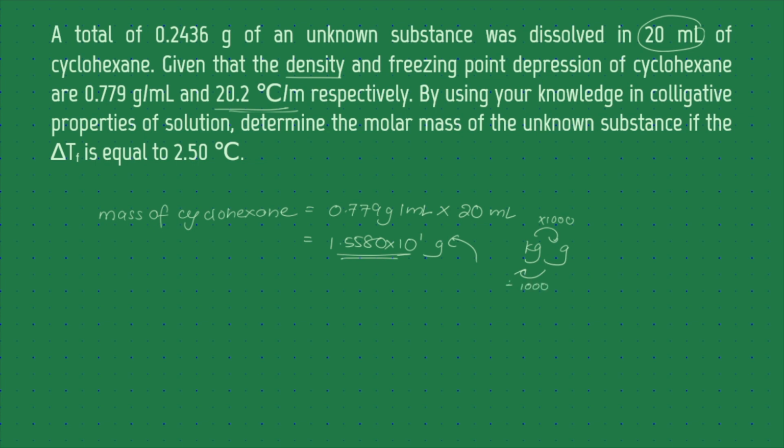Gram to kilogram, you need to divide by 1000. So we will get the conversion to kilogram is equivalent to 1.5580 times 10 to the power of negative 2 kilogram of cyclohexane. So this is the first step that you need to do.